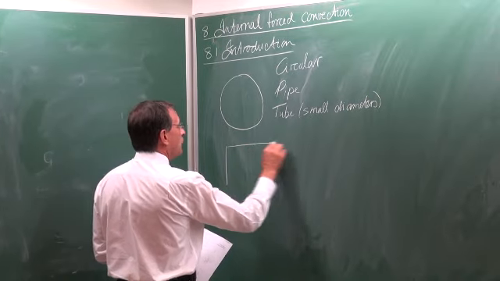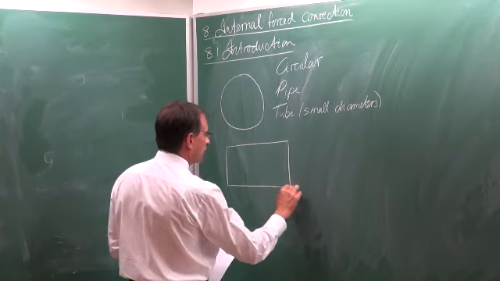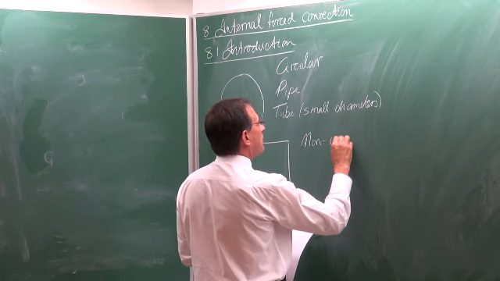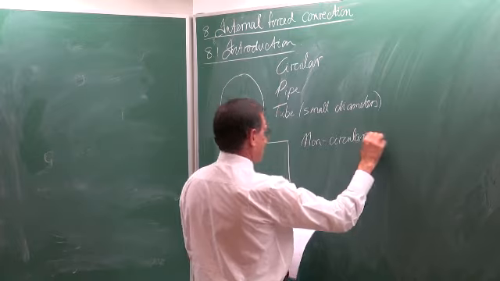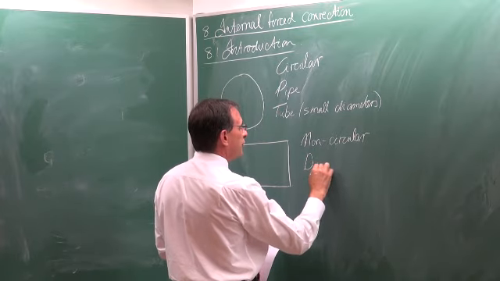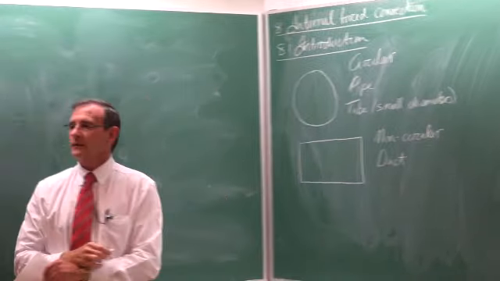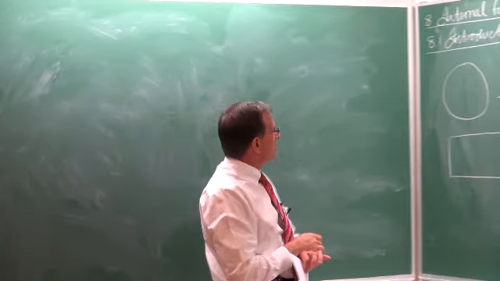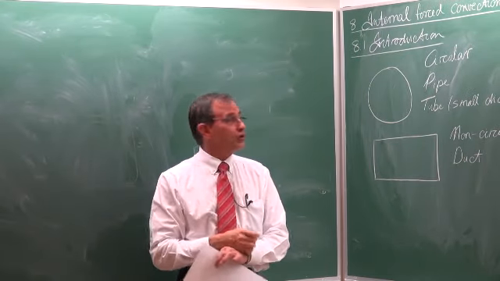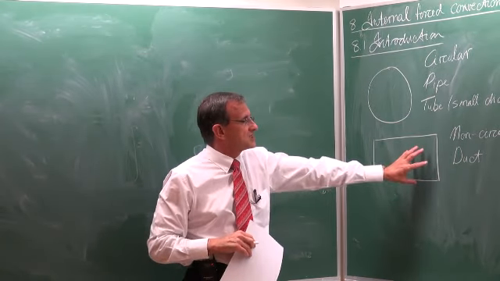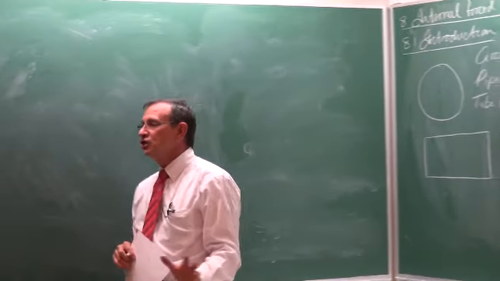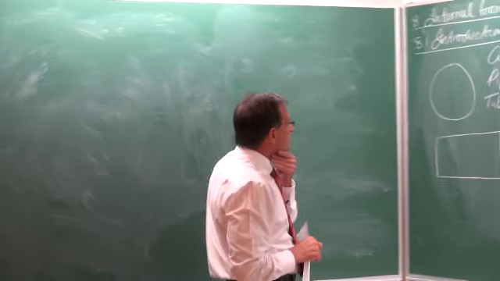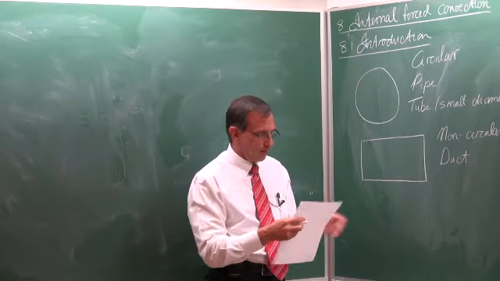If it has another type of geometry, maybe something like this, which is non-circular, then it is referred to as a duct. In mechanical engineering, about 99% of our flows occurs through either tubes or ducts. Usually ducts in the air conditioning and the refrigeration industry, where air is being moved through a building.